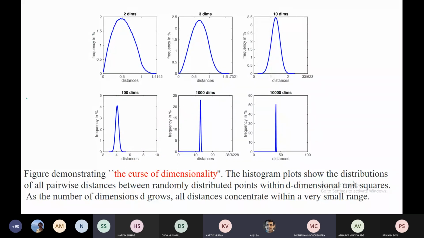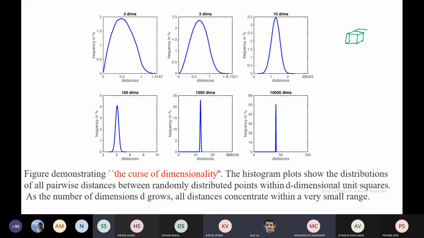The curse of dimensionality is demonstrated using a cubic space.